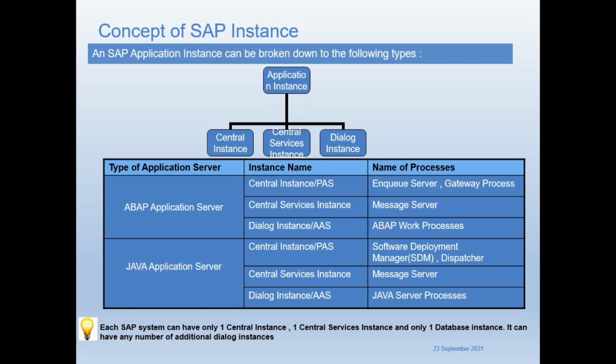Yeah, see this, guys, carefully. In the ABAP stack application server, NetWeaver AS ABAP, you have primary application server, you have central services instance, you have dialog instance. Central instance, earlier till ECC, we were calling it central instance. But right from HANA, right from NetWeaver, we are calling it primary application server.